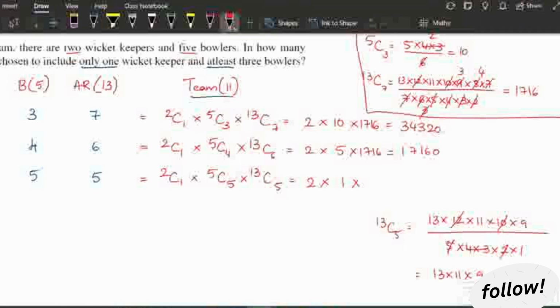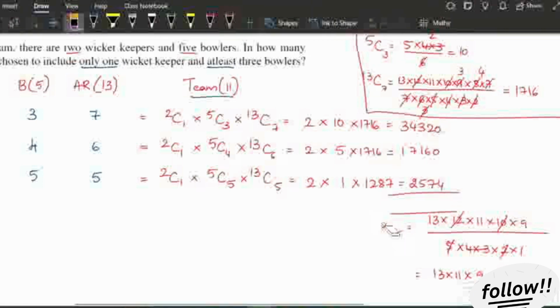Which is 1287. So this is 1287, and the answer is 2574. Now all this you need to add. That gives you the required answer.